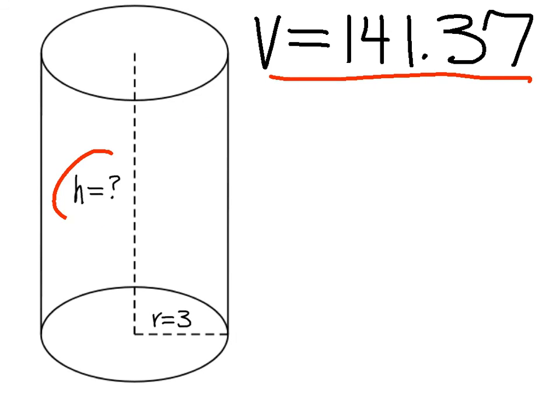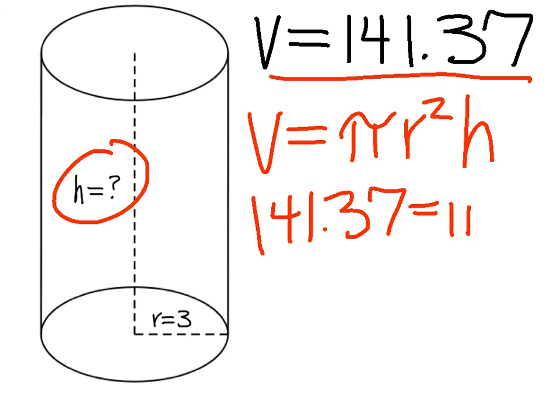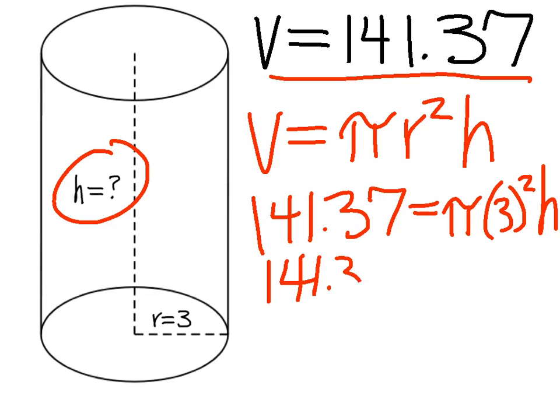Okay, for example 6, this time we are given the volume and we want to find our height. So our volume is equal to pi times r squared times the height. Our volume is 141. We're just going to plug in what we know, and we're going to solve for h. So we have pi times r squared times h.